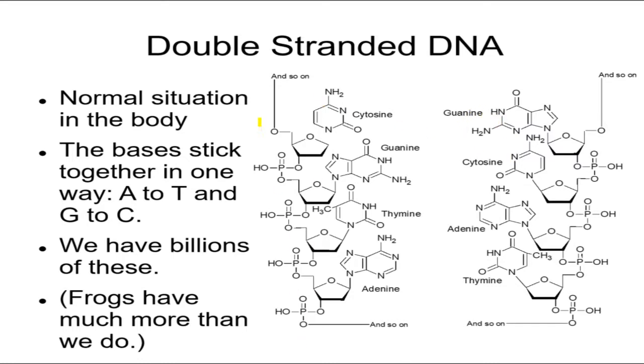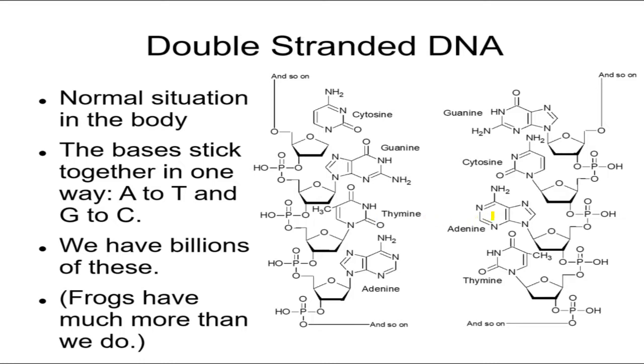This is like a long string of base after base after base. So there is always another string, not always, but in the biological environment, it pretty much always has a complementary string, where if this is a C, exactly opposite of that would be a G. And if this is a T, exactly opposite of that would be an A.